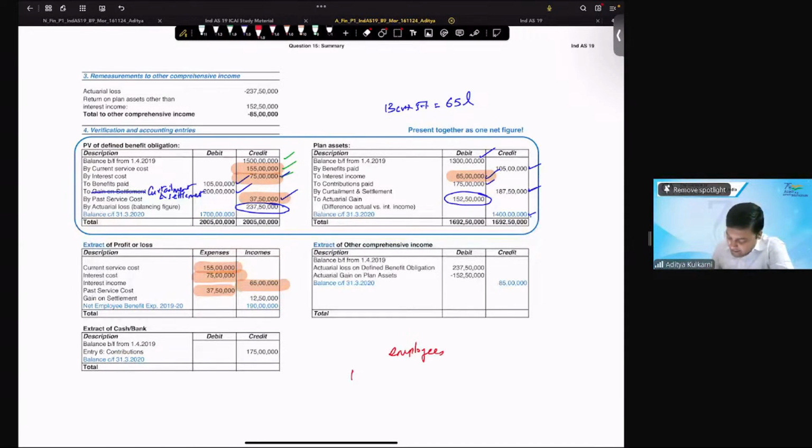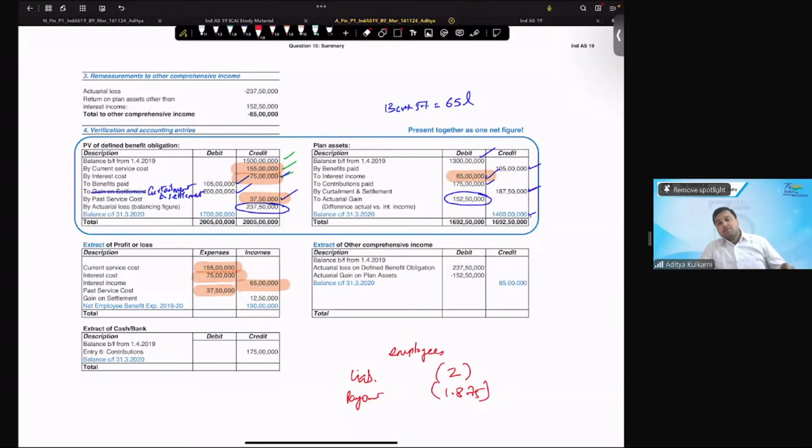What is happening is liability is going down by 2 crores. But payout is only 1.875 crores. Are you able to follow? Means to settle an obligation of 2 crores, I have made a payment of only 1.875 crores. Are you able to understand?